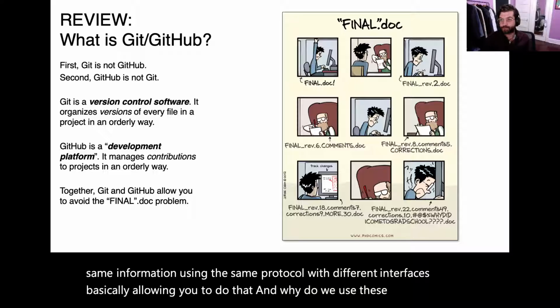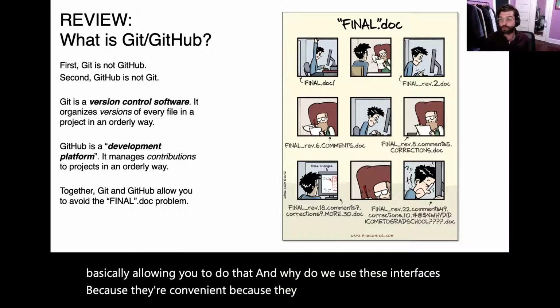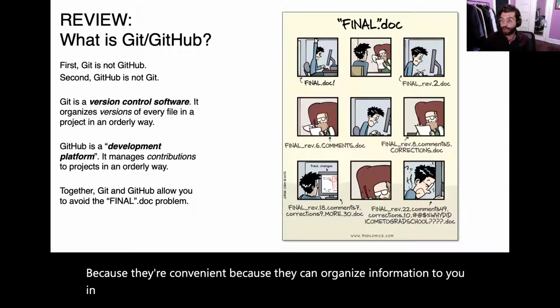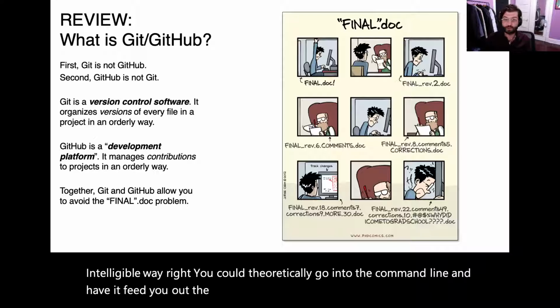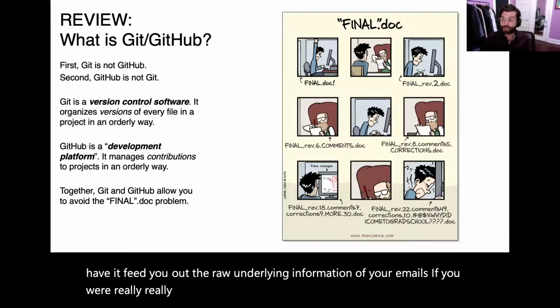Because they're convenient, because they can organize information to you in a more intelligible way, right? You could theoretically go into the command line and have it feed you out the raw underlying information of your emails. If you were really, really crazy, you might actually even be able to read them that way. The information is there.